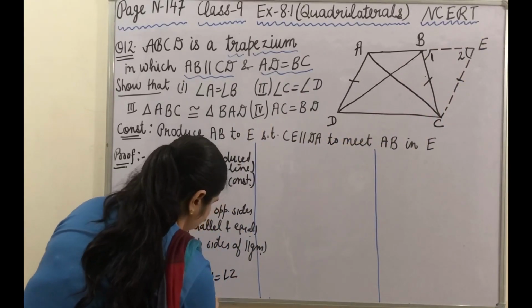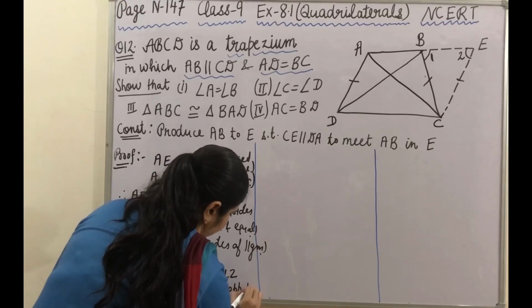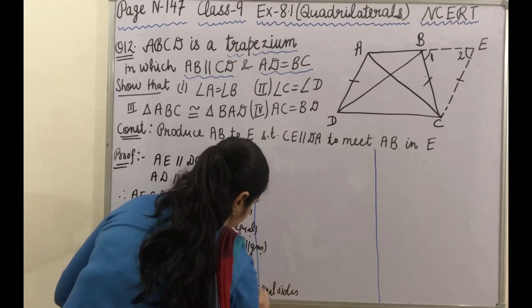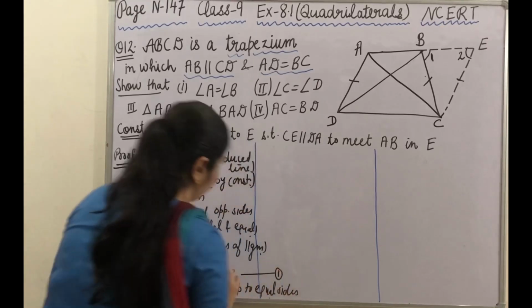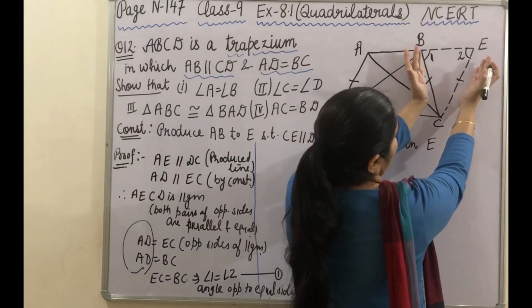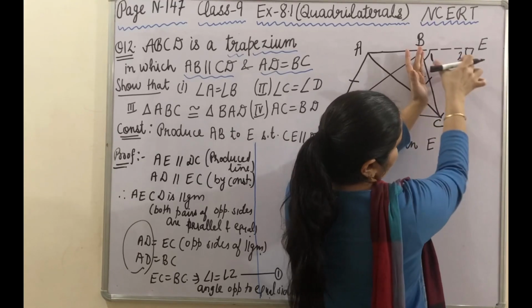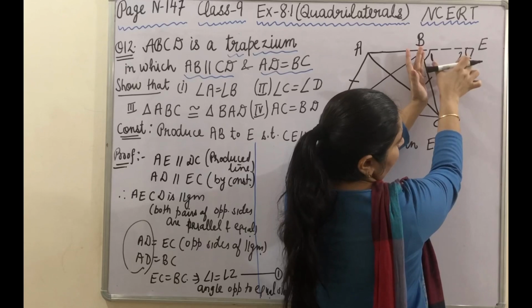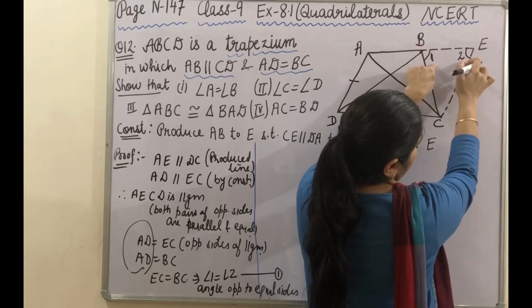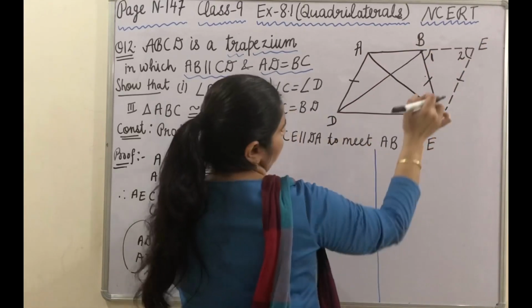Write down the reason: angles opposite to equal sides are equal. Let this be equation 1: angle 1 is equal to angle 2. These two sides are equal, therefore their opposite angles are also equal. This is the property already done in triangles. When the sides are equal, their opposite angles are equal, and when the angles are equal, their opposite sides are equal. Just recall the property.